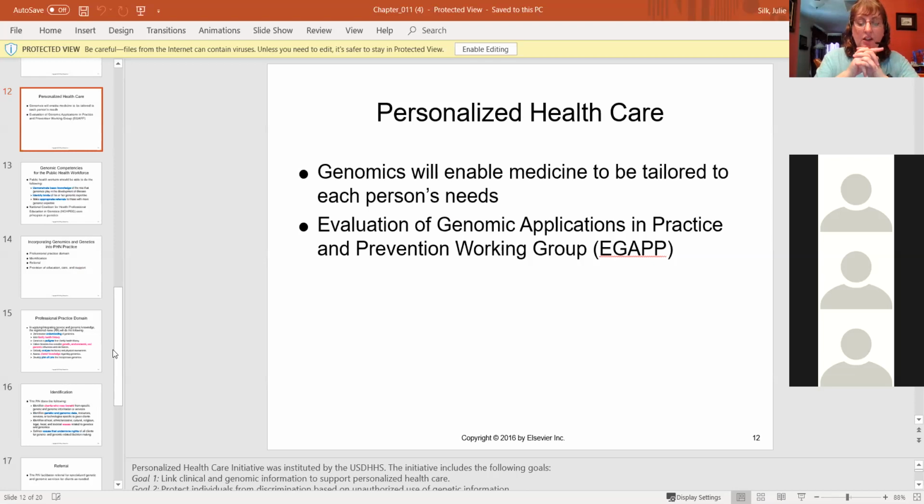They want to link clinical and genomic information to support personalized healthcare. They want to protect individuals from discrimination based on unauthorized use of the information, like we were just talking about. They want to ensure the accuracy and clinical validity of genetic tests performed for medical application purposes. And then they want to develop common policies for access to genomics databases for federally sponsored programs.